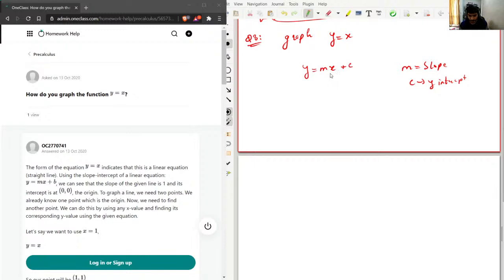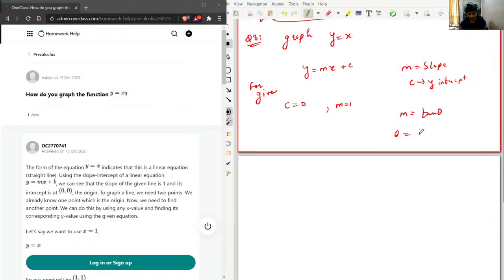If we compare both of these equations, then for the given problem, c is 0, m is equal to 1, and m is nothing but tangent of theta.